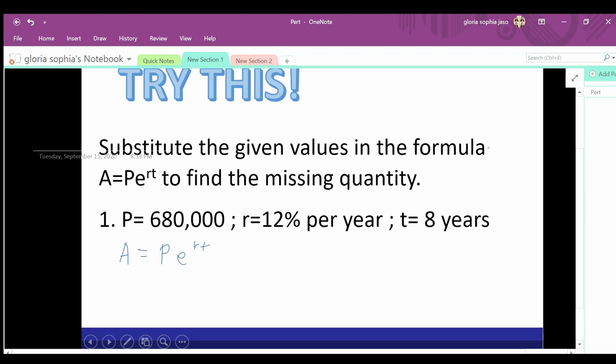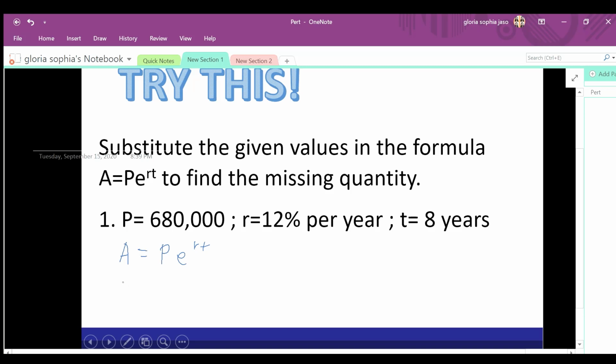For the answer in number 1, substitute the given values in the formula A equals P times e raised to rt to find the missing quantity. So given are P equals 680,000, r is 12% per year, and t is 8 years. So we will use the formula A equals P times e raised to rt.